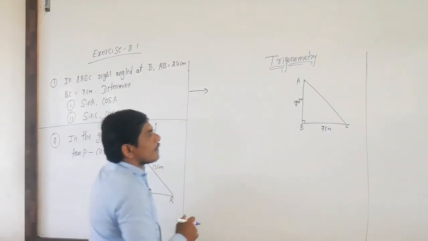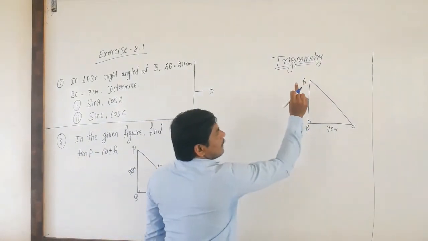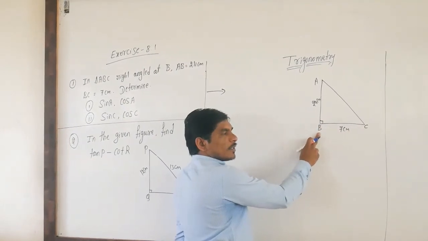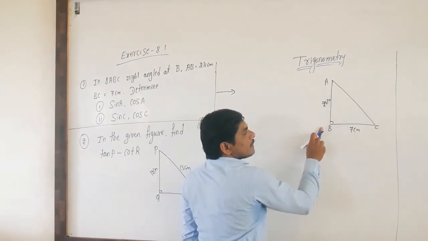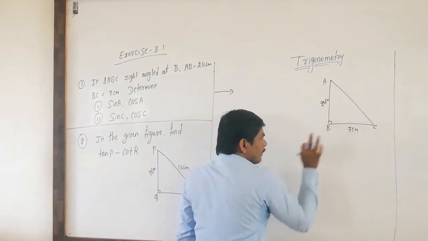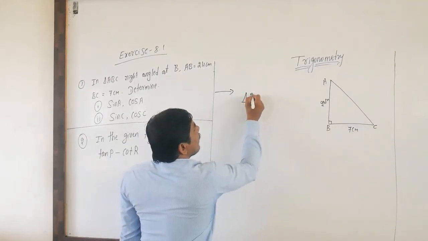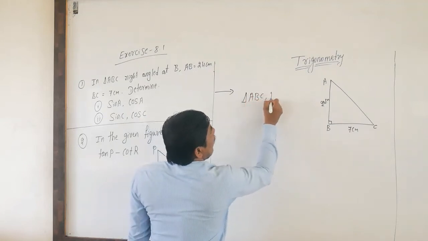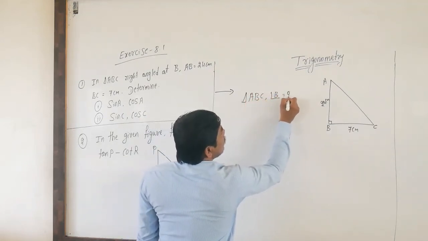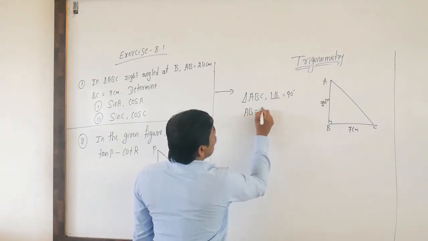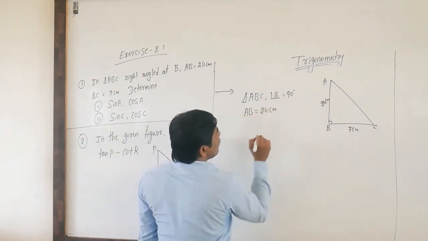How? See here. Now in this figure, ABC is a triangle. Angle B is equal to 90 degrees and two sides are given. AB is equal to 24 centimeter.